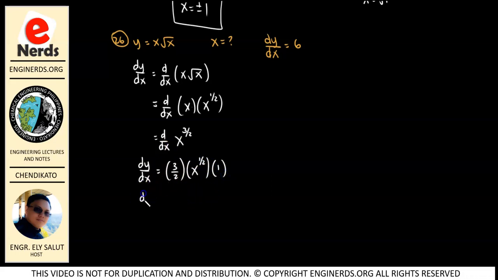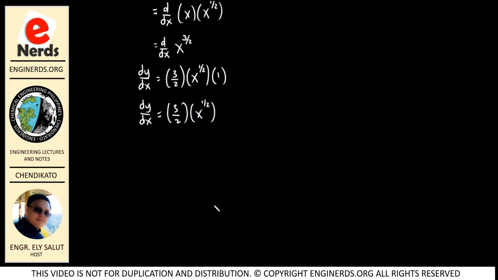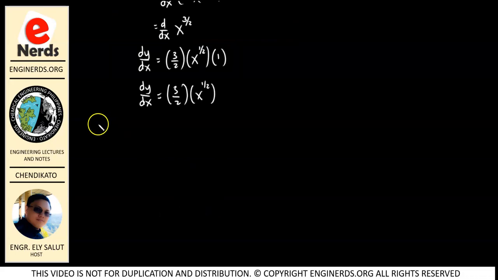So, therefore, dy over dx is equal to 3 over 2, then x to the 1/2. Okay, now, our dy over dx is equal to 6. So, this is 6 is equal to 3 over 2, x to the 1/2.